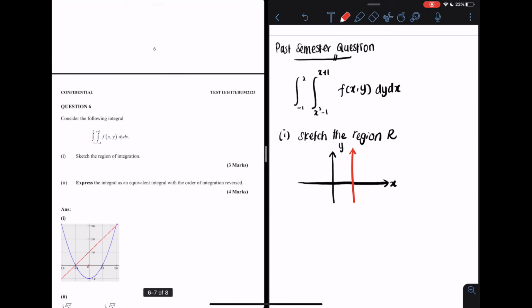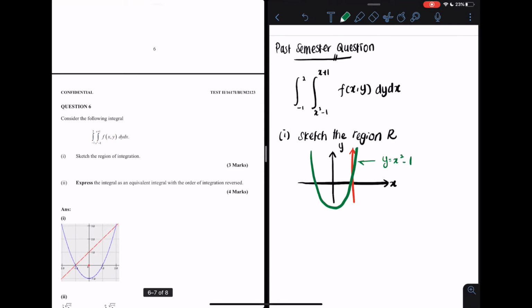Whenever you have x squared minus 1, your parabola will be moving 1 unit down. So in this case, I will get a parabola that shifts 1 unit down, and this one is y is equal to x squared minus 1.